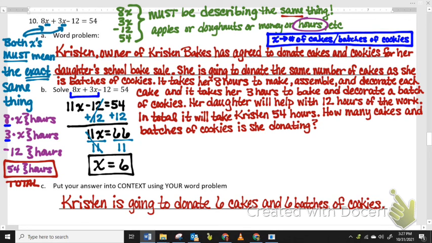Because she's contributing both, and she's contributing the same number of both. So since our answer is 6, that means she's got 6 cakes and 6 batches of cookies to donate.